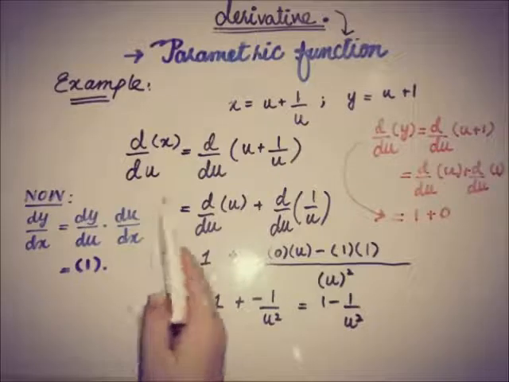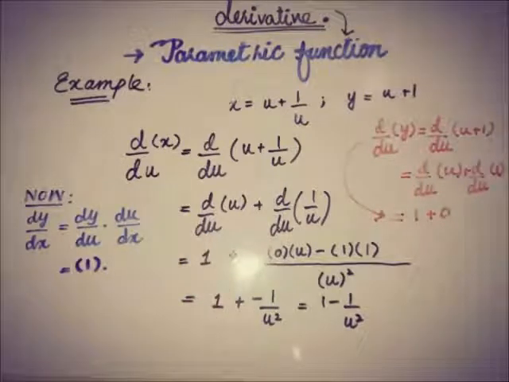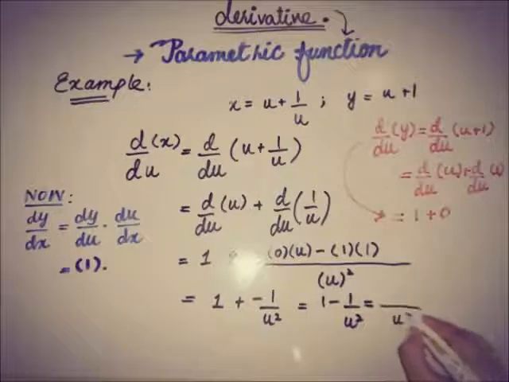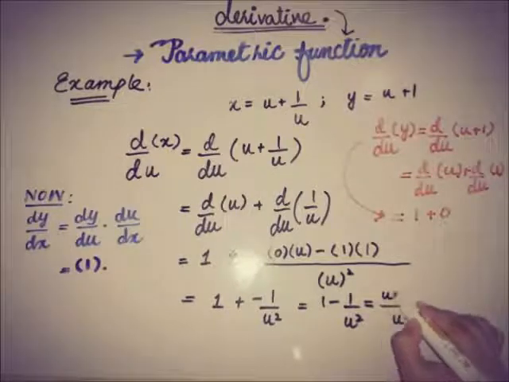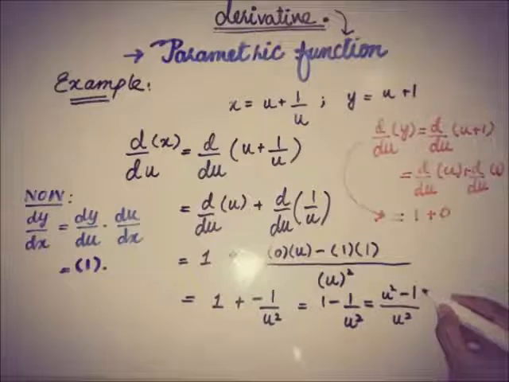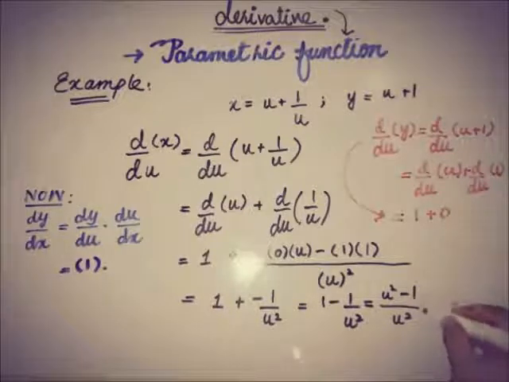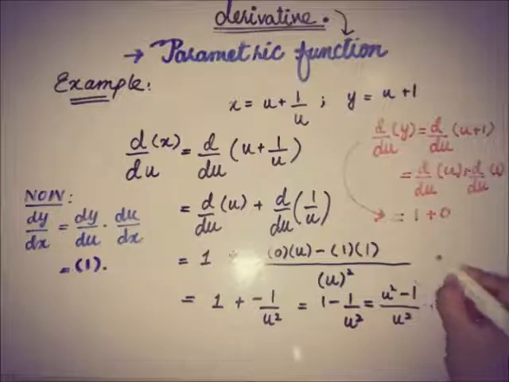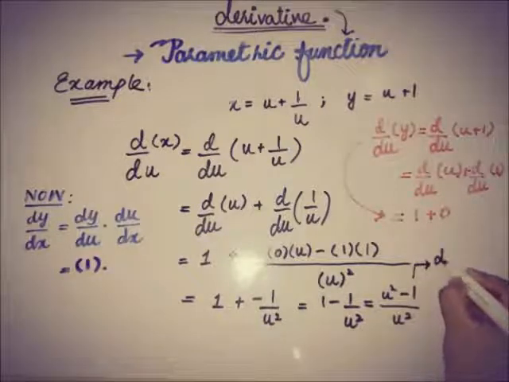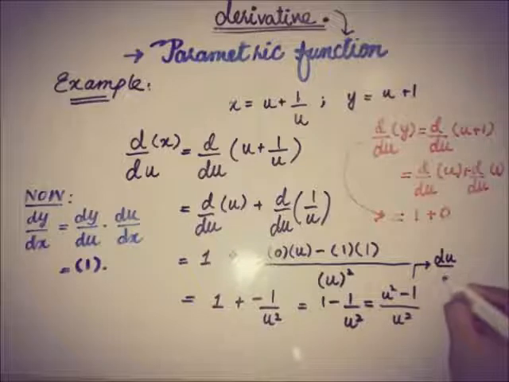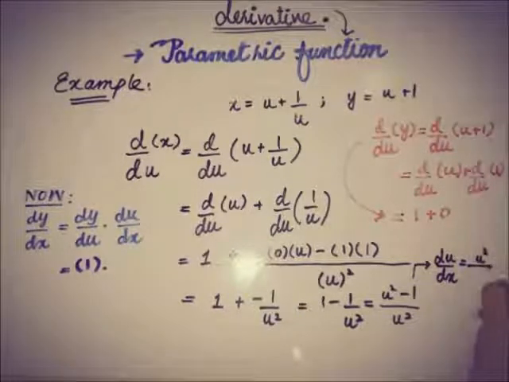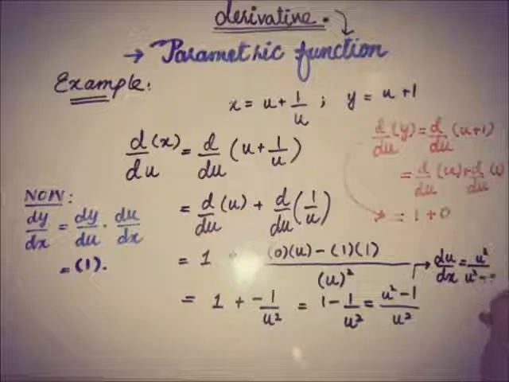Now we have found dx by du, u square minus 1 over u square, so we can find the reciprocal, or the inverse, that is du by dx is equal to u square over u square minus 1.